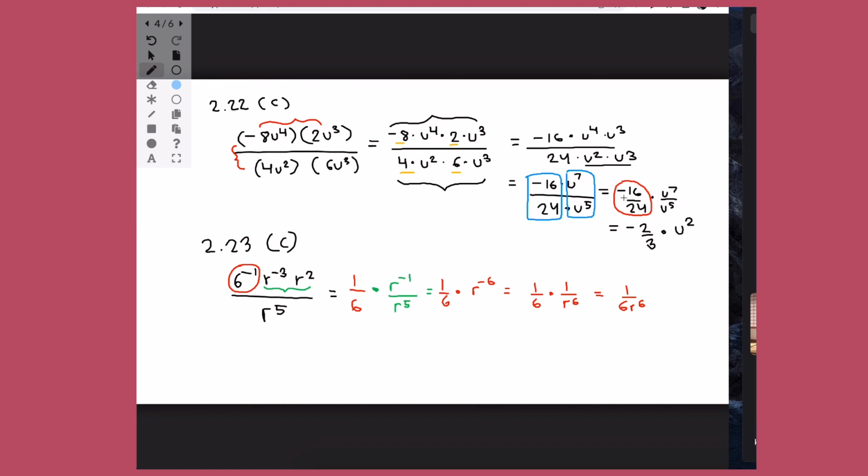So it would just be minus 16 over 24 times u to the power 7 over u to the power 5. And then this fraction would simplify to minus 2 over 3. And then this second fraction, we use the division rule to get u to the power 7 minus 5, which is u squared.